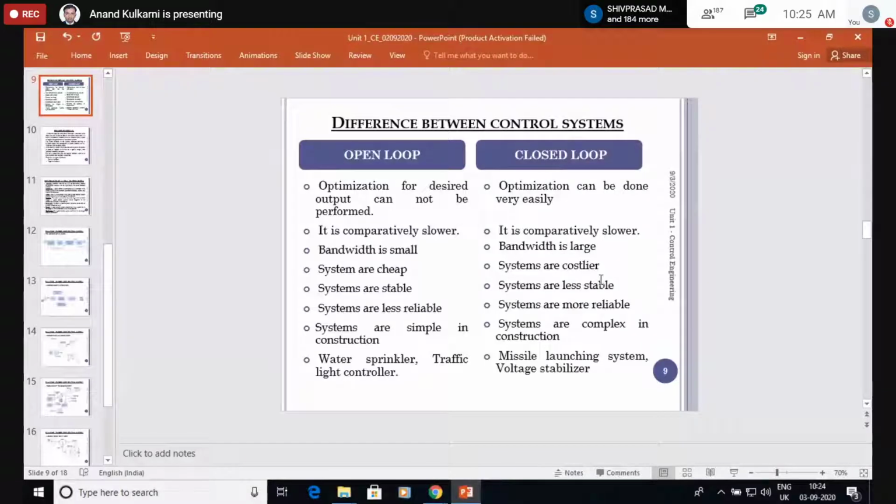In the previous class, I took the example of sensitivity, stability, and accuracy, and how they are interrelated. I took the example of an oven only. Suppose you want the oven temperature to be 200. If you give a smaller tolerance, plus or minus 1 degree centigrade, like 199 to 201, then the system will be continuously switching on and switching off.